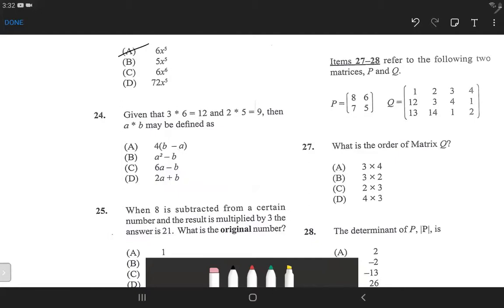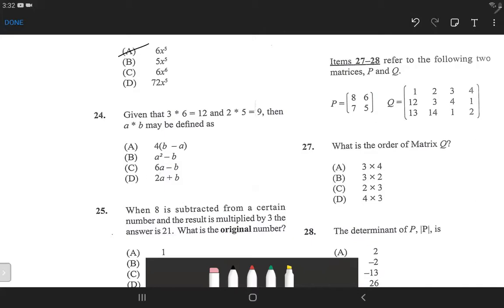But we have to make sure it works for this one. 5 minus 2 is 3, but 3 by 4 is not 9. Let's try our next one. A squared minus B. A is 3, so 3 squared is 9. 9 minus 6 is 3, so definitely not B.